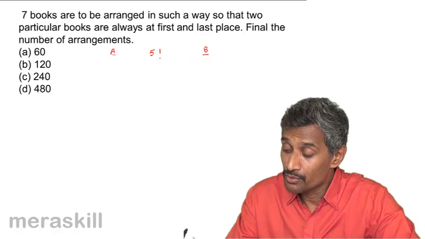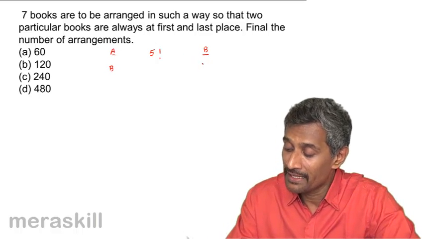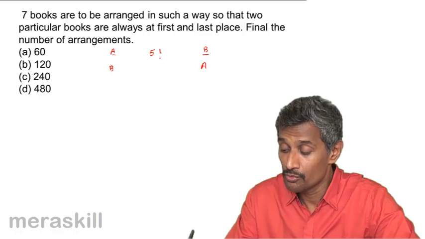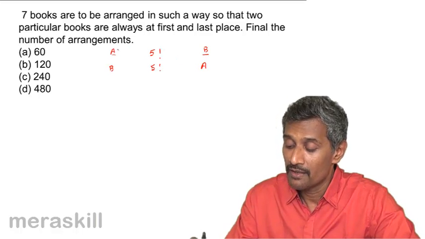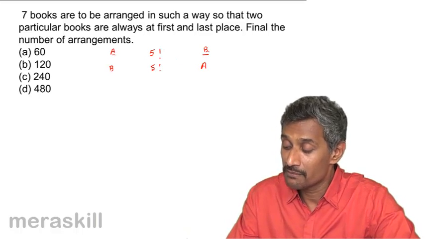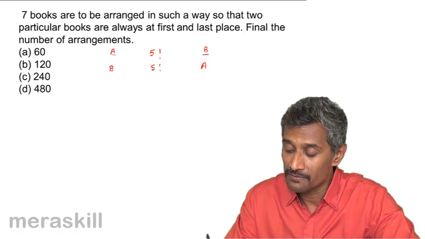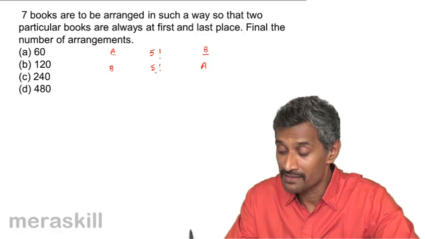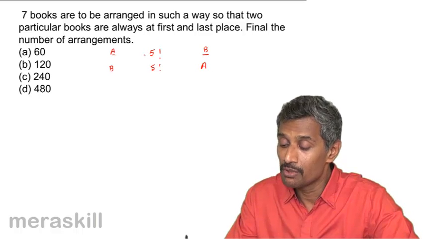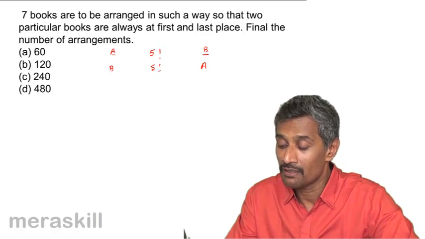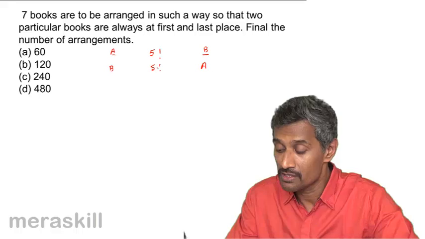But there could also be B and A. There are 2 cases. So it's going to be either A is in the first place and B is in the last place, or B is in the first place and A is in the last place, and the remaining books, that is 5 of them, are arranged in 5 slots within themselves.